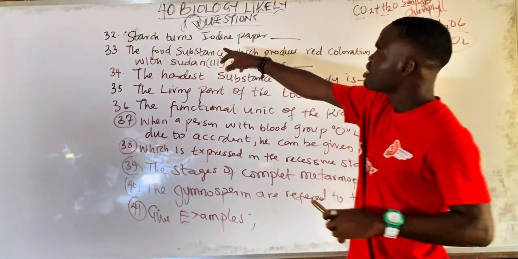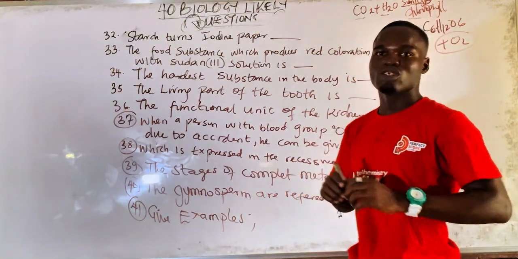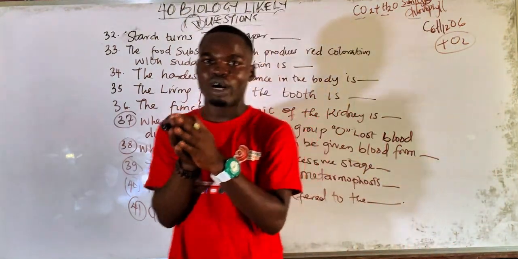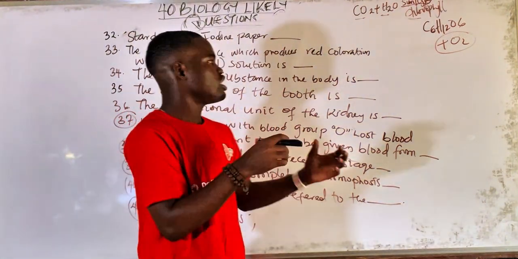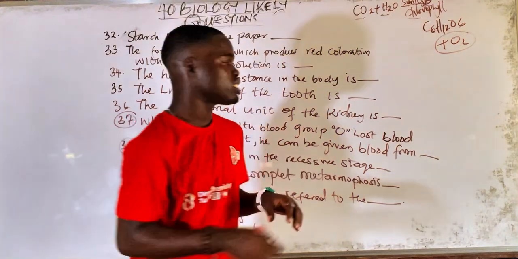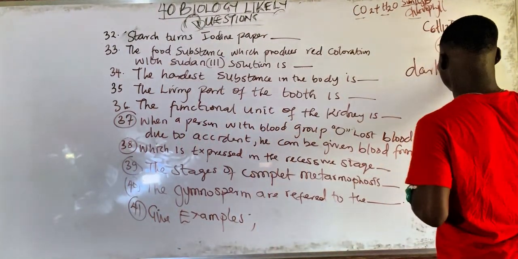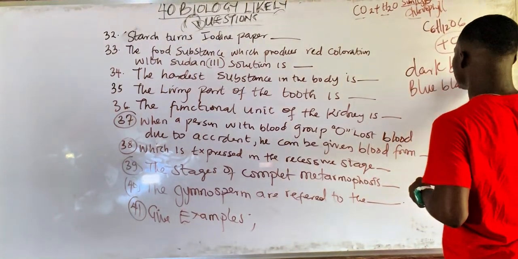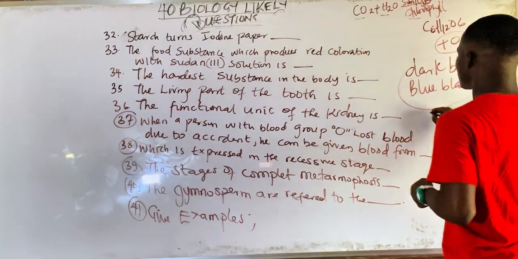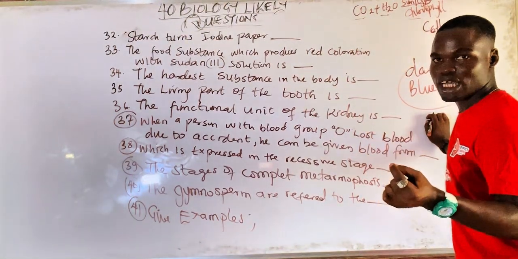So, starch turns iodine paper dash. When we have iodine paper, we test for starch. There are 2 colors you can see. Sometimes they will say dark blue, or sometimes blue black.